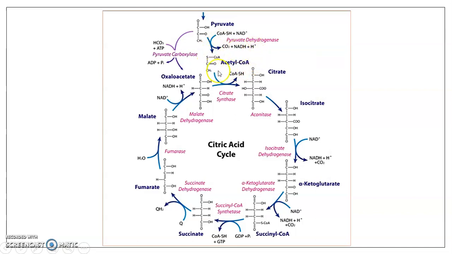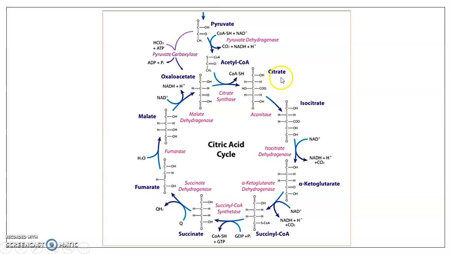Acetyl coenzyme A is produced from pyruvate by oxidative decarboxylation, which is catalyzed by the enzyme pyruvate dehydrogenase complex. Now the acetyl coenzyme A condenses with oxaloacetate to produce citric acid, and that is the first step in the whole cyclic process.